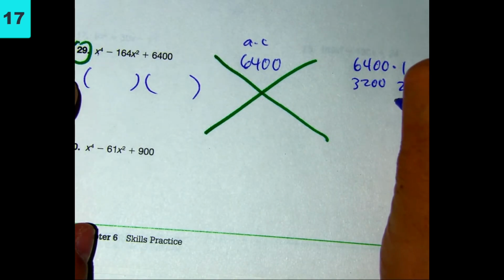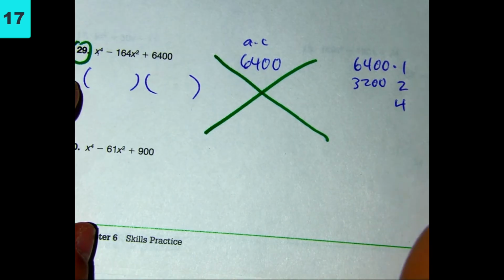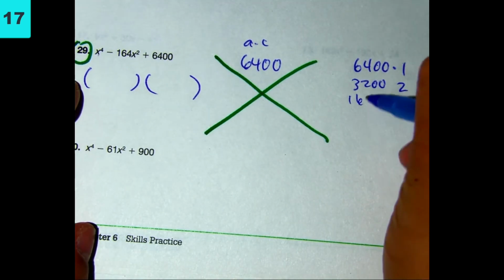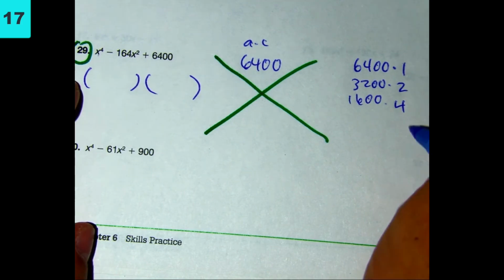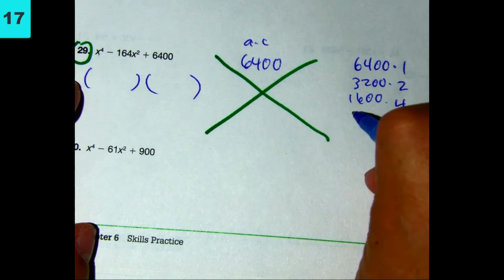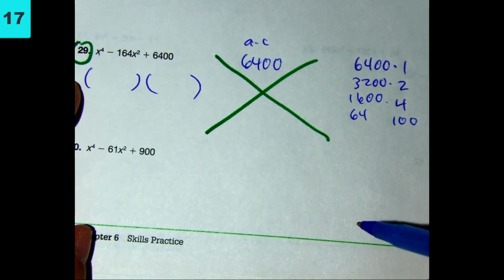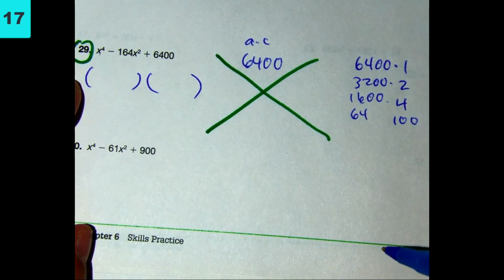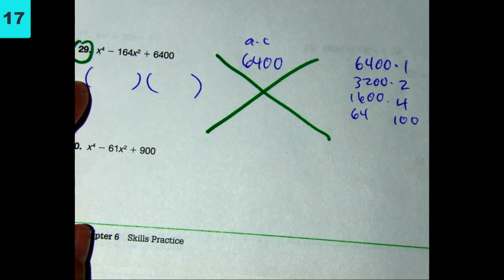How about 4? 16. How about, let's do something crazy, like 100. 64. What happened?